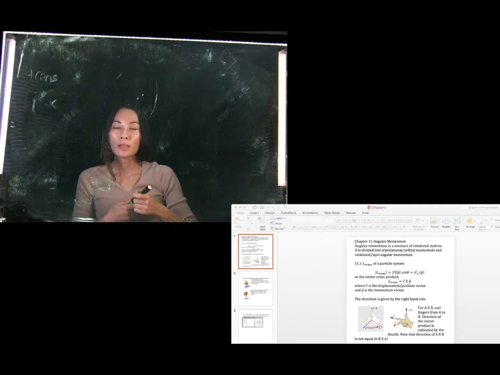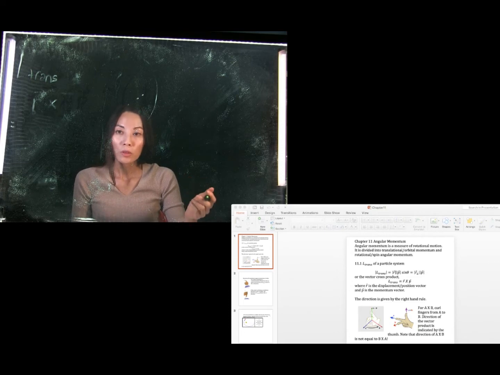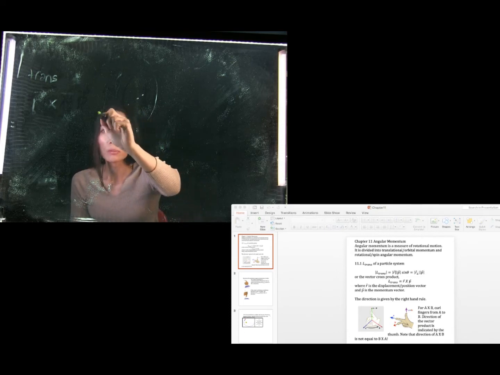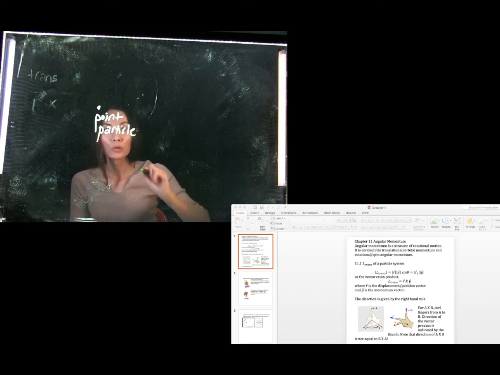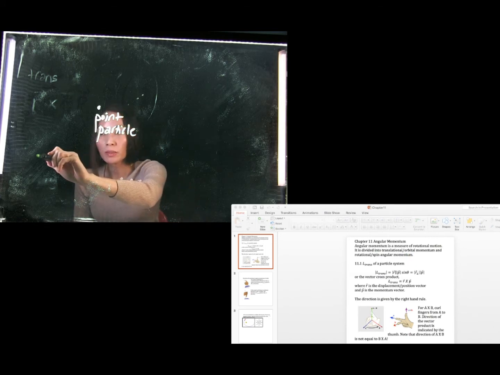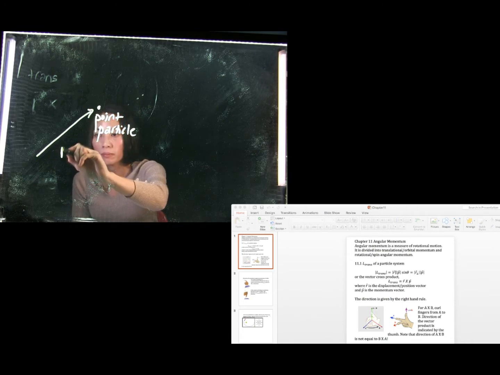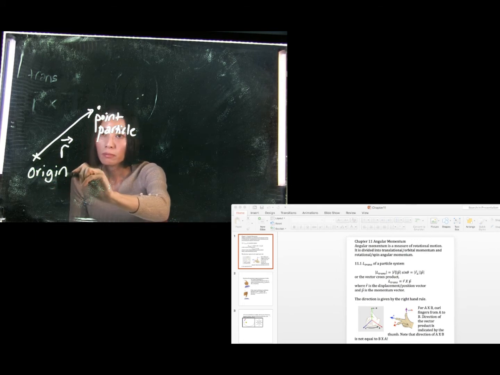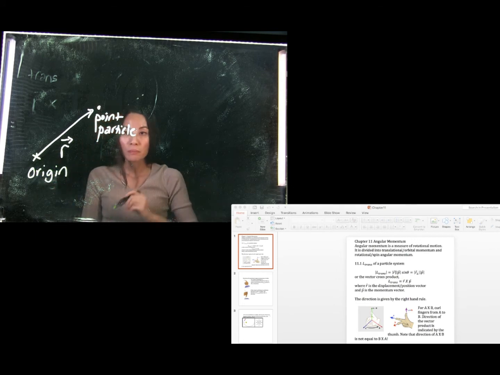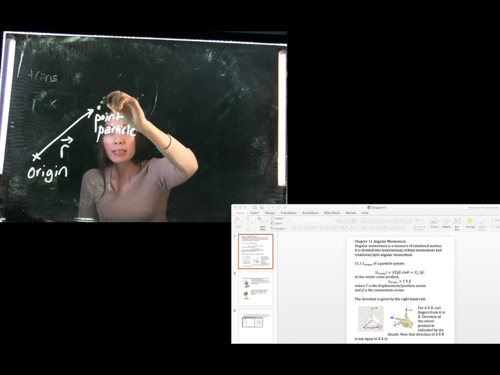So let us now describe the angular momentum with the simplest system, a point particle. We describe the position of the point particle with a vector r with respect to the origin, and this point particle is moving with a momentum p.